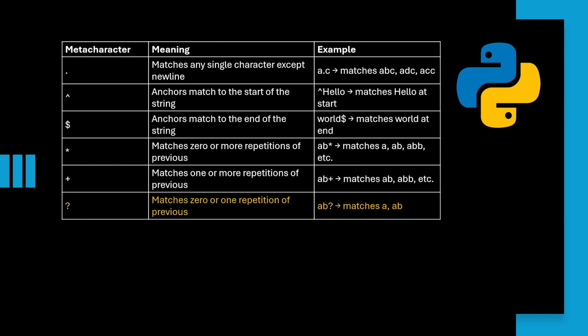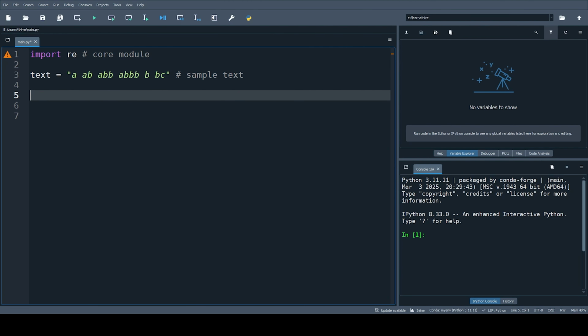Now another interesting meta character is the question mark. It matches 0 or 1 repetition of the previous expression. For example, ab? would match a or ab but not abb. Let's try it. Print re.findall as a raw string ab? text.